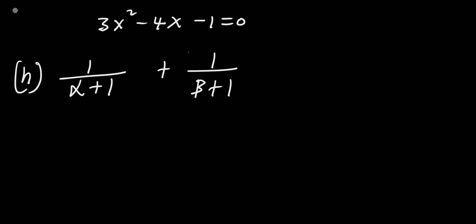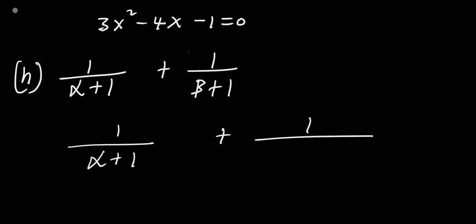Question H: 1 over alpha plus 1 plus 1 over beta plus 1. To solve this problem, first we need to find the common denominator of both terms.